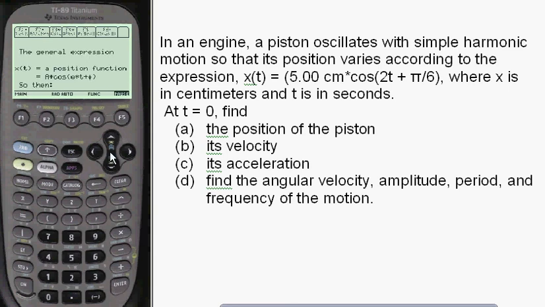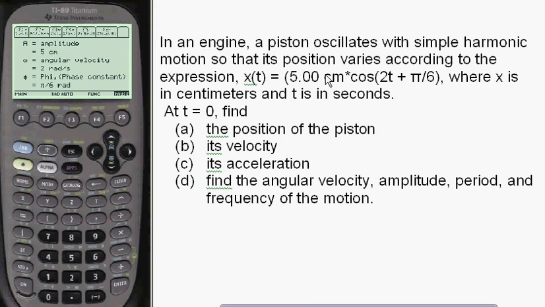The general function for position functions x of t is amplitude times cosine of angular velocity, which is omega here, times t, plus phi, which is really the phase angle of the function. I show you what these all mean in this function x(t) here.